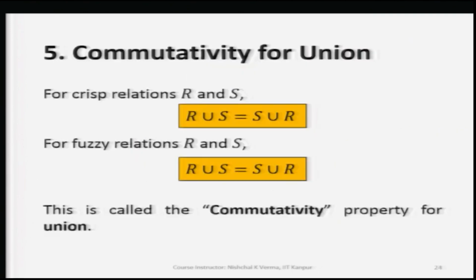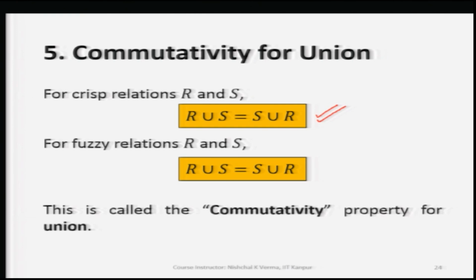Now, let us check the commutativity for union property. We all know that when we take two crisp relations R and S and interchange their positions, R union S is going to be equal to S union R. So, crisp relations are commutative.